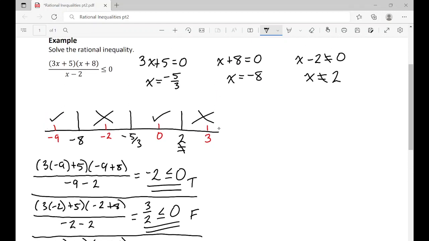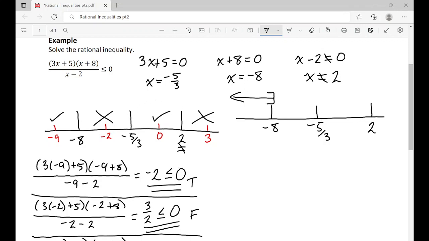So now we have our sign graph. We know what's good and what's not. So on a number line: -8, -5/3, and 2. We know everything to the left of -8 is true, and since it is equal to, we're going to use a bracket going in this direction, and then -5/3 to 2 right here.